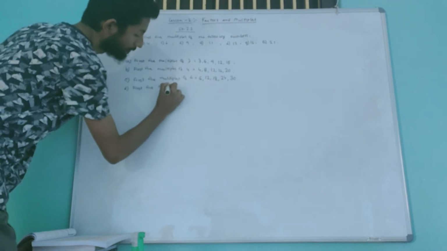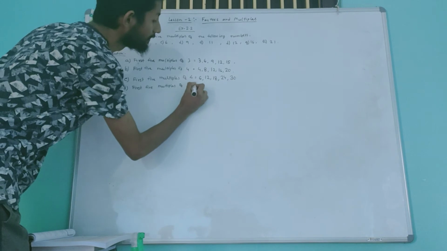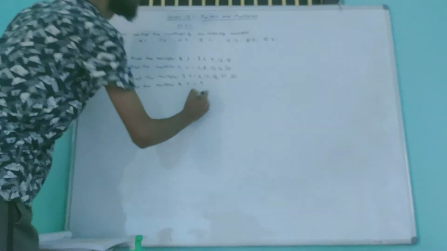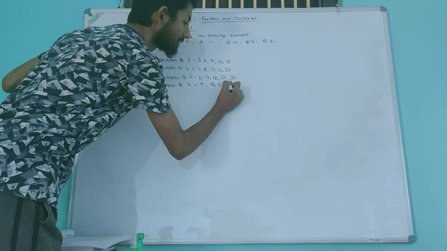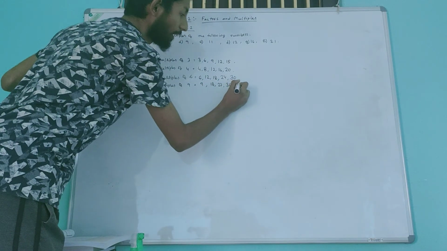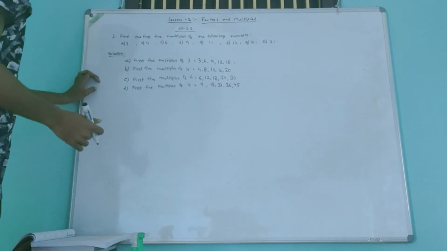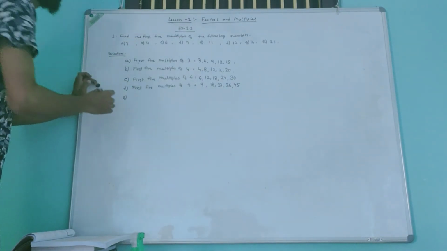Similarly, question number D, the first 5 multiples of 9 will be 9 ones are 9, 9 twos are 18, 9 threes are 27, 9 fours are 36, and 9 fives are 45. Now question number E, it says 11.